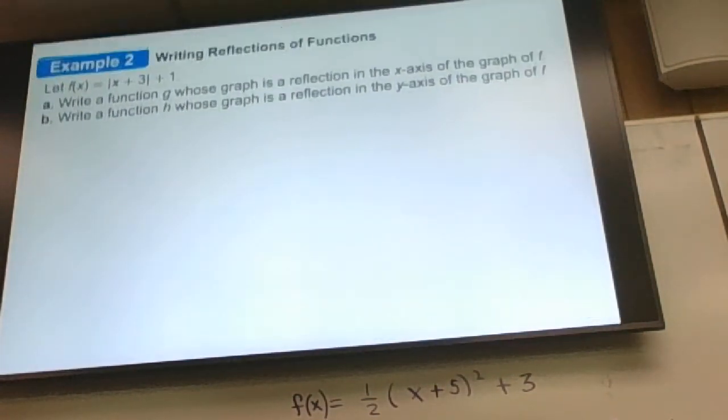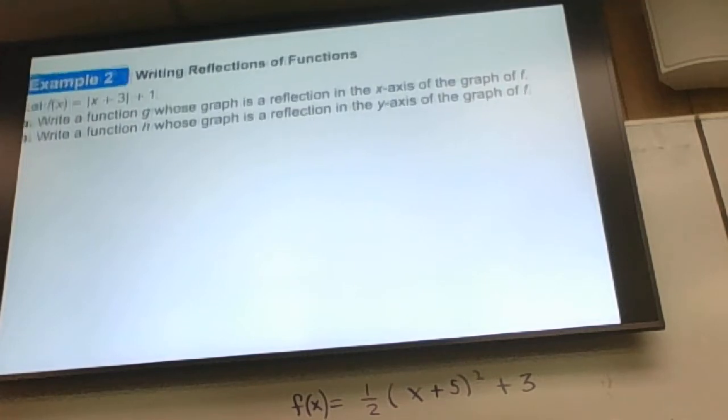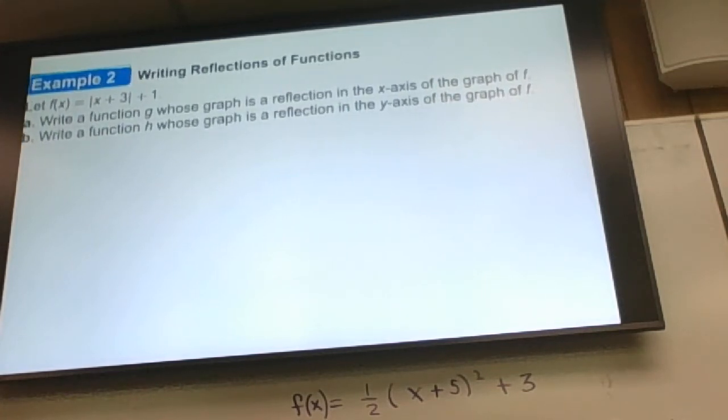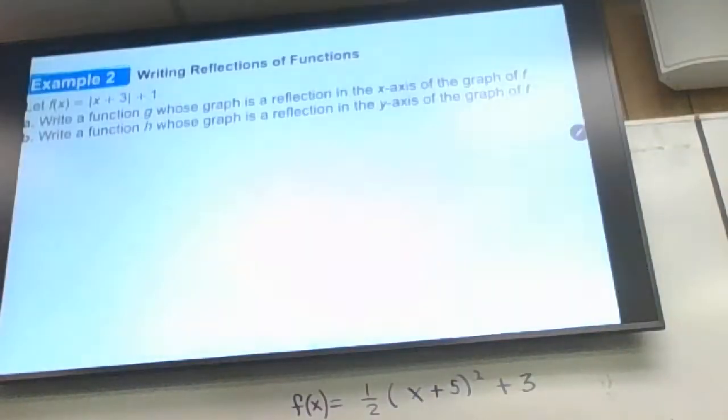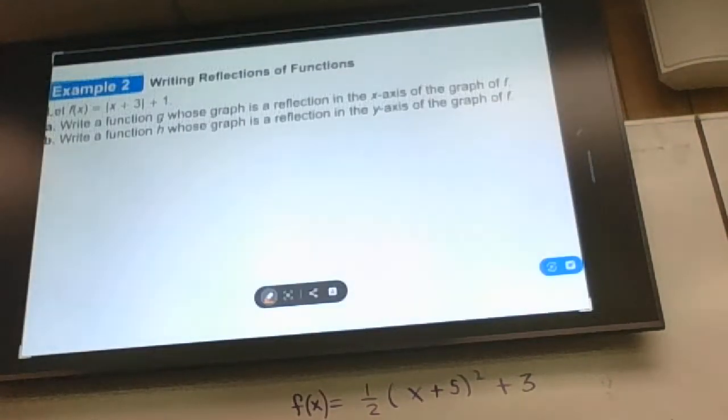All right, last problem. Our function is the absolute value of x plus 3, plus 1. Our challenge is to reflect it across x and then rename it g.